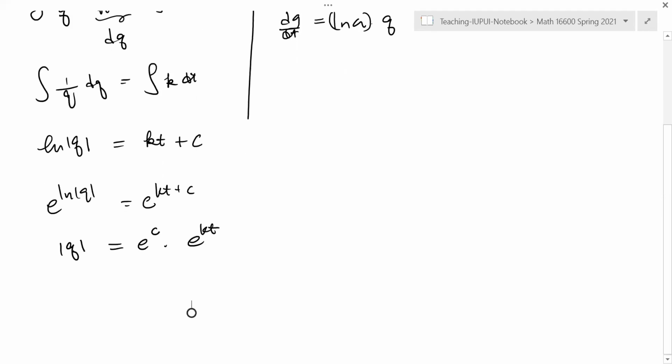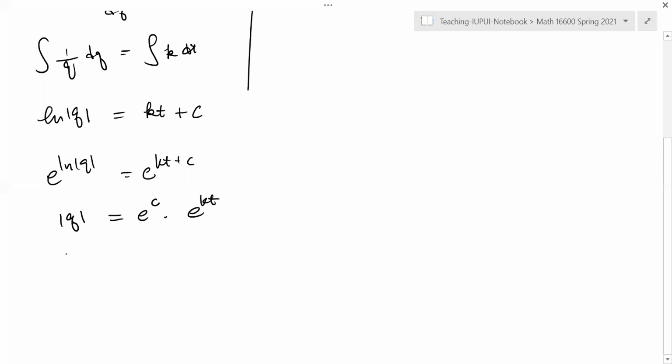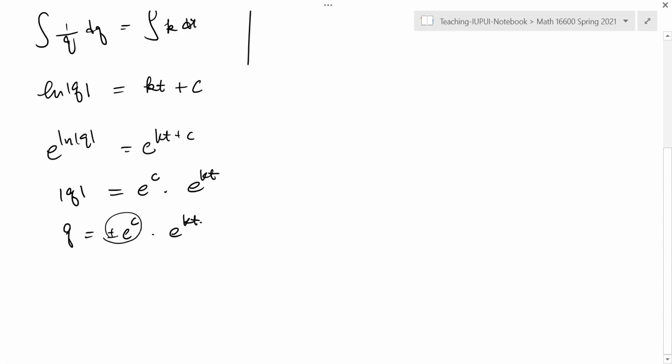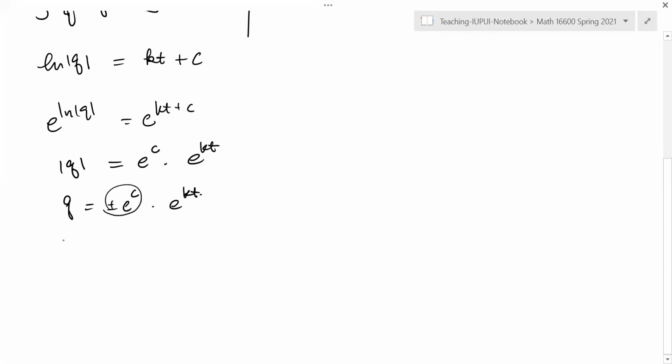Now, e to the C is always a positive number, but if you remove the absolute value symbol, you get plus or minus e to the C, e to the kt. So what is that number? Well, if you let t be 0, then plus or minus e to the C, and here k times 0, e to the 0, which is 1.